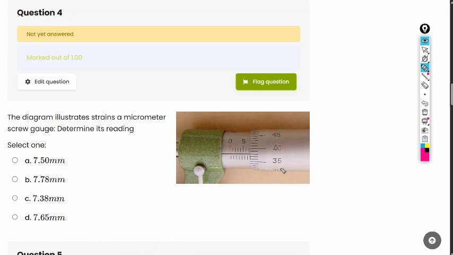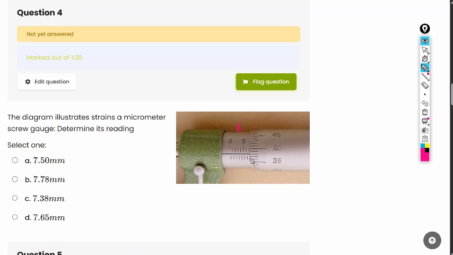The reading on the circular scale just runs up to 50. It doesn't run to 100, just 50, because you can get 0.5 from the main scale. So reading this here, I can see 5, 6, 7. I can see 7.